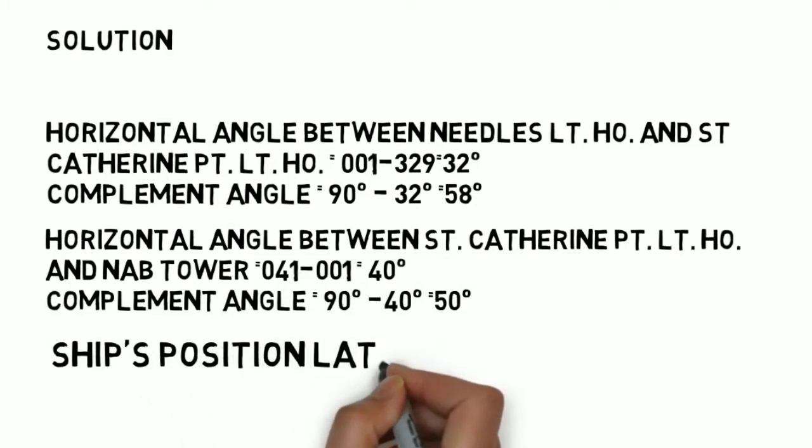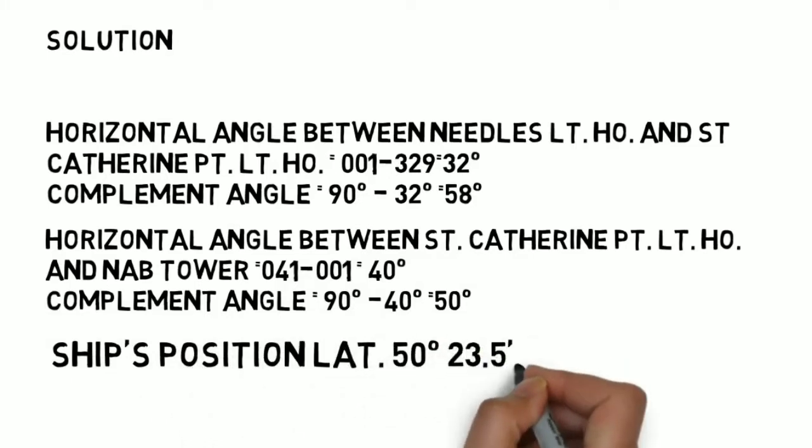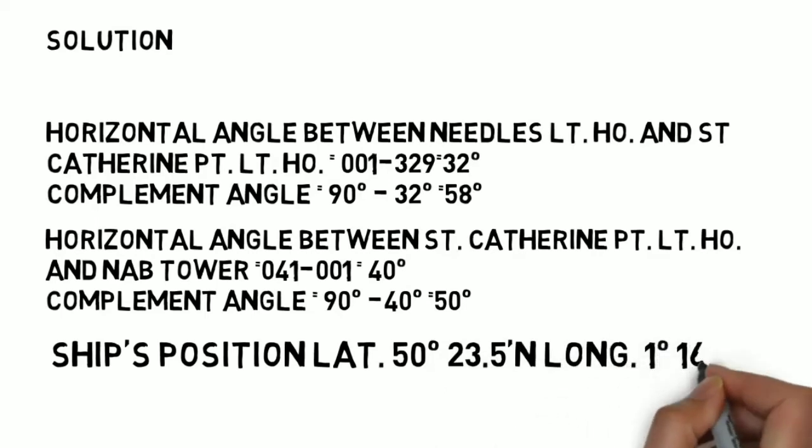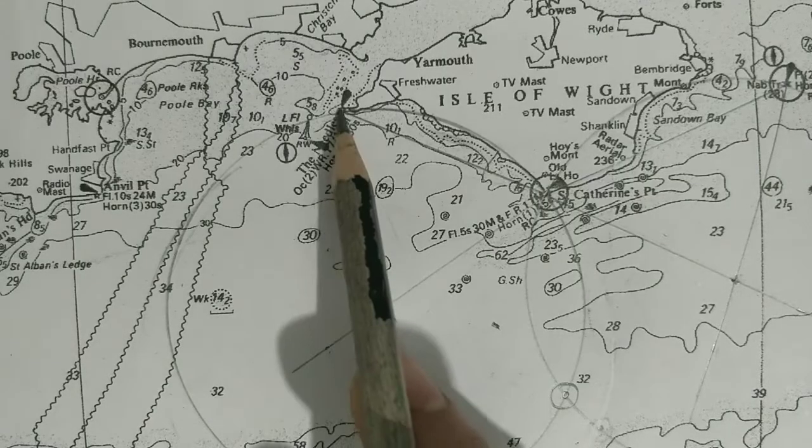So our ship's position will be 50 degrees 23.5 minutes north, and longitude will be 1 degree 16.8 minutes west.